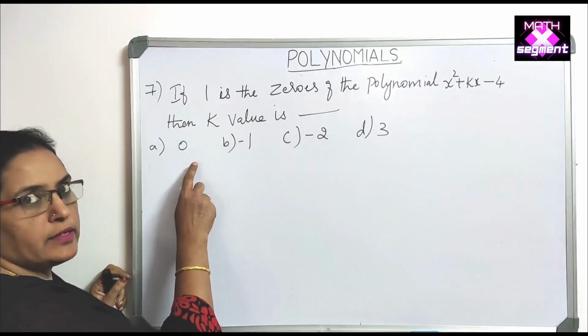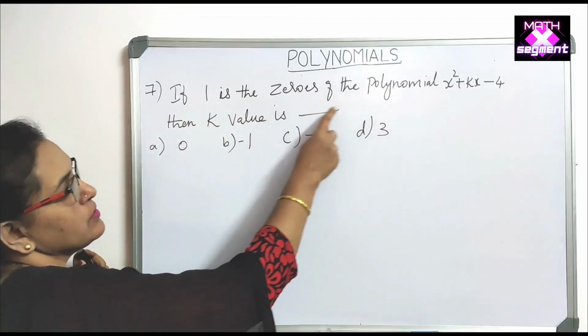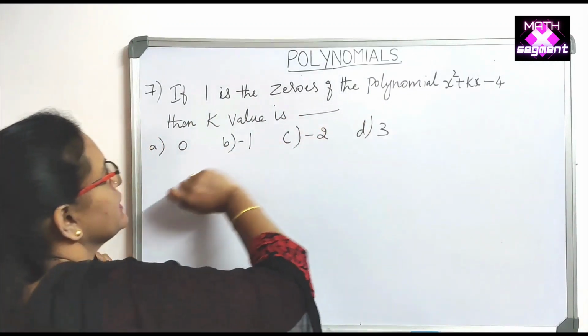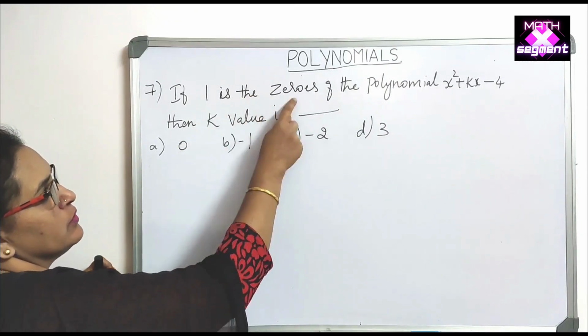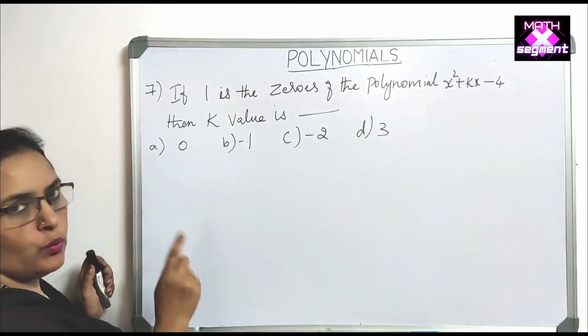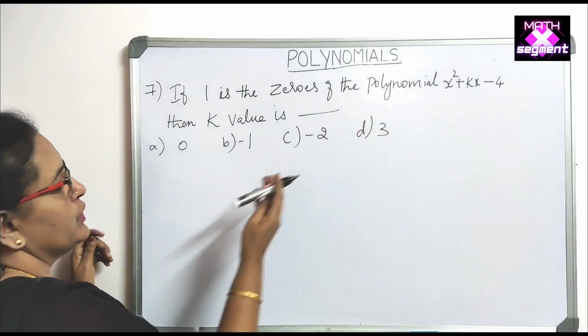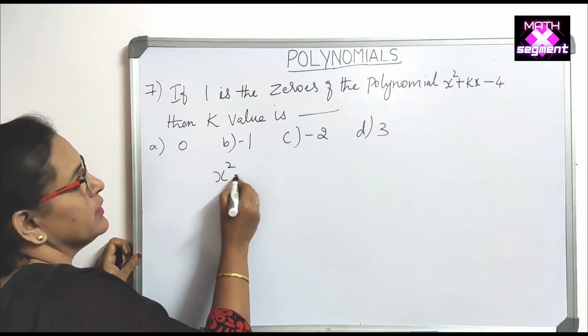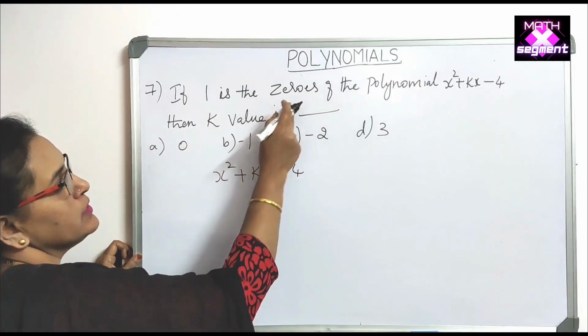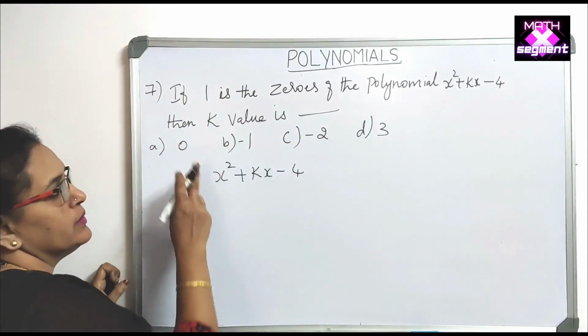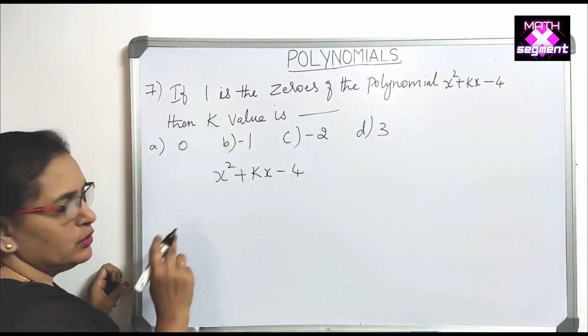Let's solve the next question. If 1 is a zero of the polynomial x square plus kx minus 4, then what is the k value? So the zero of the polynomial is given as 1. So we have to take the given equation, that is x square plus kx minus 4. Here the given zero of the polynomial is 1. That means in place of x we have to substitute 1.